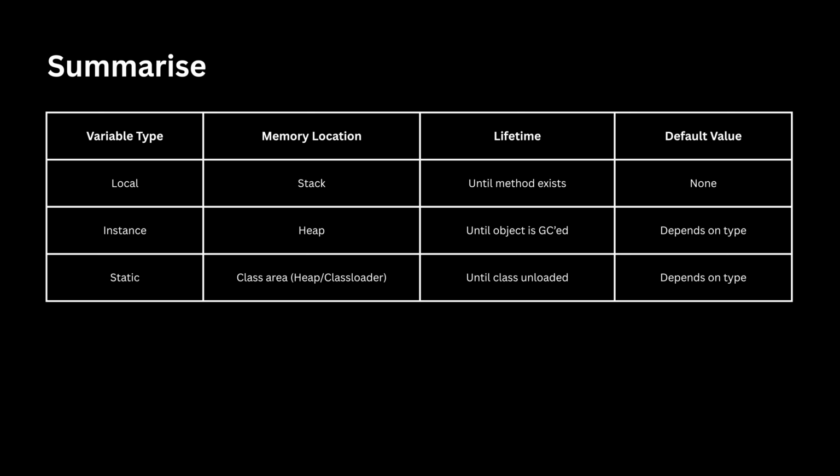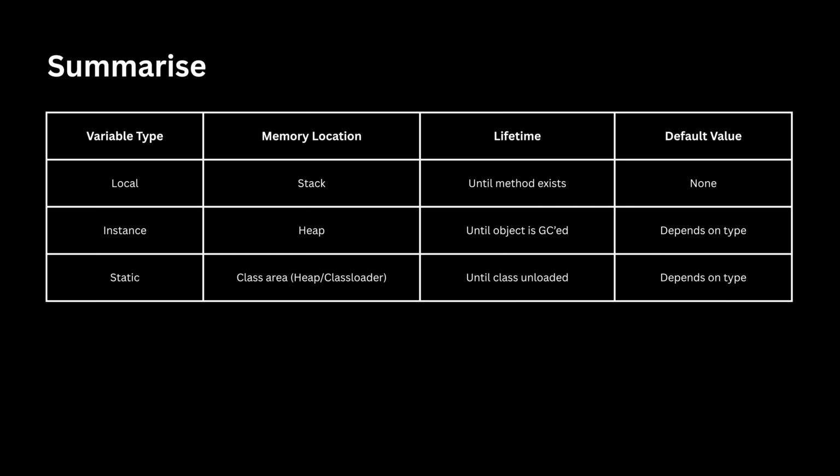Instance lifetime is until the object is garbage collected. Static lifetime is until the class is unloaded. Now for default value, local doesn't have any. Instance depends on the type. Same goes for static. So think of it like this: local variables live and die with methods, instance variables live and die with objects, and static variables live and die with the class.